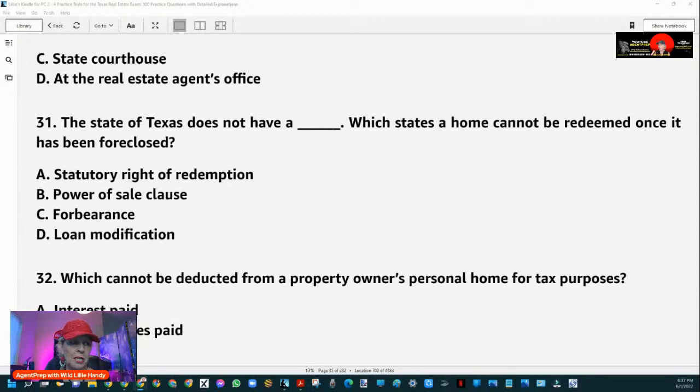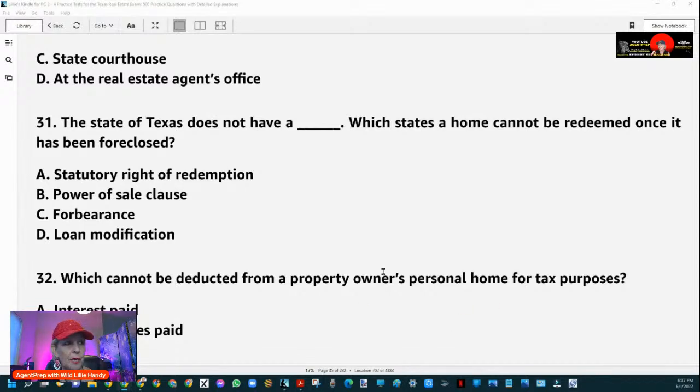31A, looking good. 31A. Anybody else? It is not C. Forbearance is what was happening during COVID, which means the lender puts the payment at the end of the loan because they couldn't make it and the government was not allowing foreclosures.